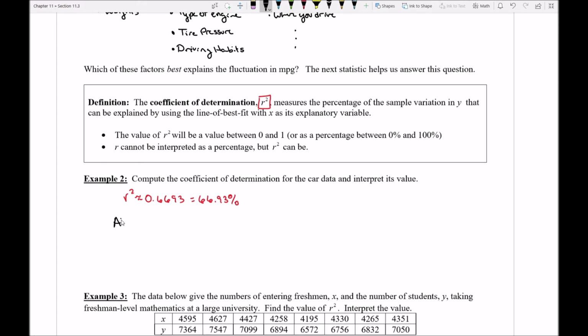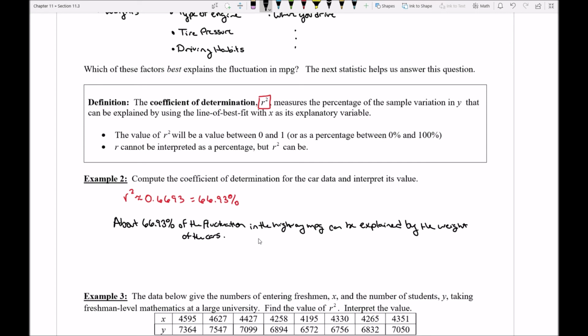Well, I would interpret this by saying that this means that about 66.93% of the fluctuation in the highway miles per gallon can be explained by the weight of the cars.